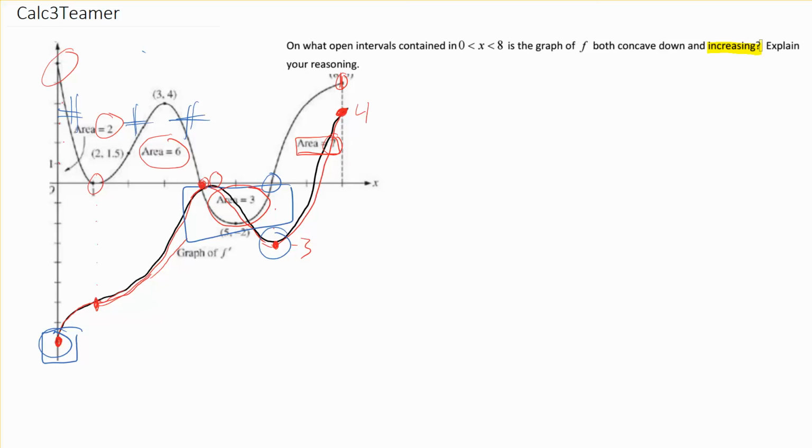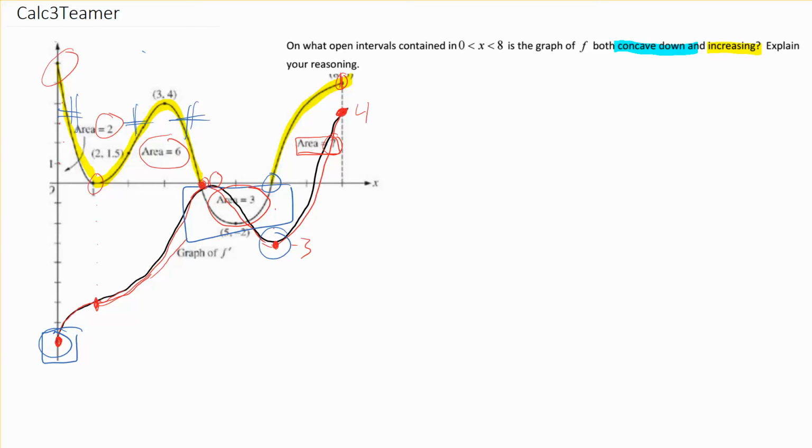Where is the graph of f increasing? Anywhere its derivative is above the x-axis. The function is increasing. Now, let's talk about where's the function concave down. The function is concave down when the derivative is decreasing.